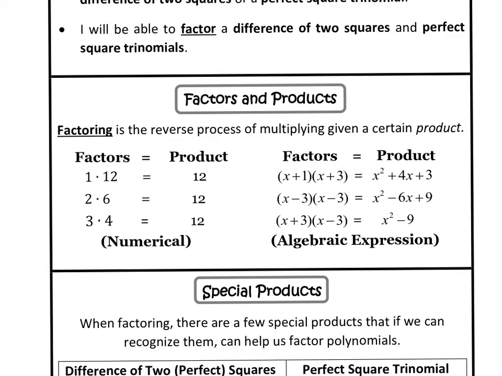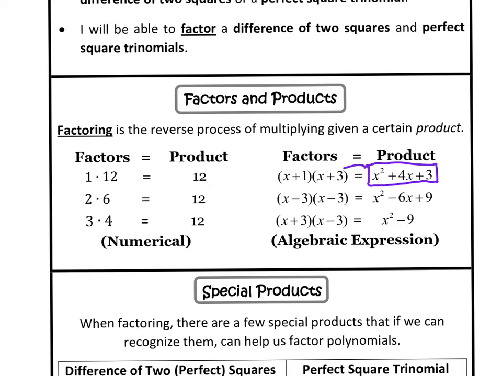Now, if we take that in an algebraic sense, instead of working with numbers, if we look at an algebraic equation, if I give you, for example, this product, and let me outline it so you know what I'm talking about, I can ask you, can I factor x squared plus 4x plus 3?